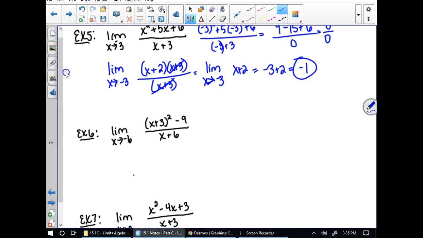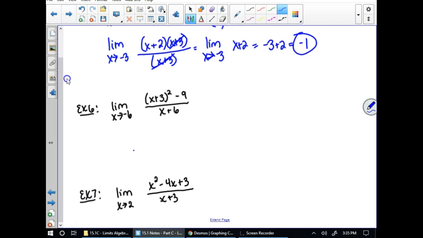Okay. 6 is a little bit tricky because 6 is not factored, and we can't factor it as it's written. So what we've got to do for 6 is expand and then factor. However, I'm getting ahead of myself here. The first thing we really have to do is plug in to make sure we get the indeterminate form.